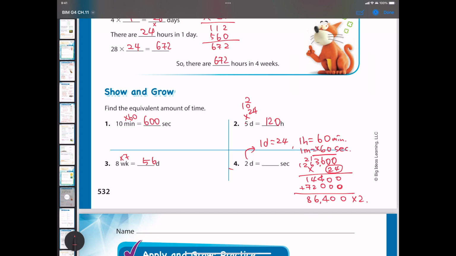I don't need space, so I'm going to use this one here. When you have a big number and multiply by 2, sometimes it's easier to add the same number.